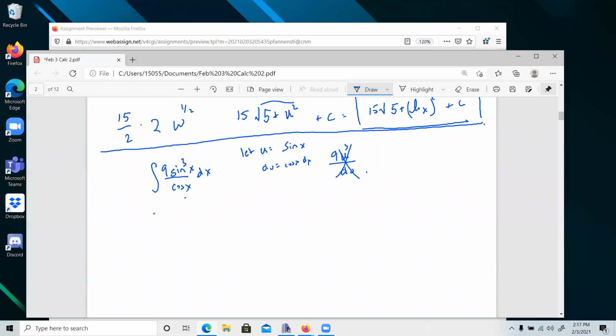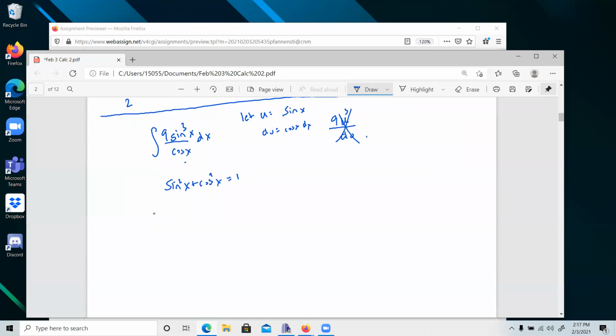Fortunately, we remember that sine squared plus cosine squared is equal to 1. Okay, so we should be able to pull something out of this where we could say, well, this is 9, and sine squared x is equal to 1 minus cosine squared x. And we can bring this out.